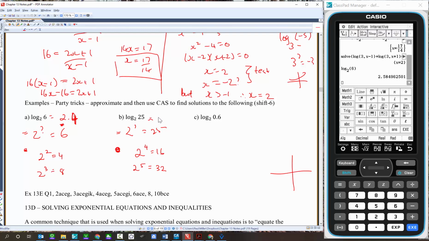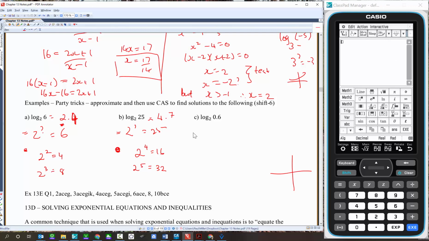So I'm going to say that the answer is roughly 4 point, and because it leans closer to the 32, I'm going to go higher and say that it's 4.7. We're working at 2 to the 25. 4.6. All right, got me. I got that one wrong, but it's a pretty good approximation.